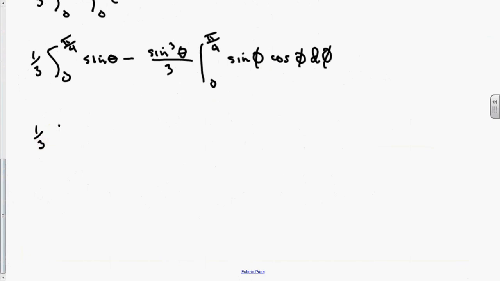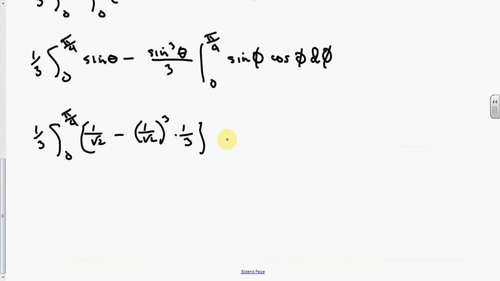Now evaluate at pi over 4. So we get 1/3 integral from 0 to pi over 4. This is just 1 over the square root of 2 minus 1 over the square root of 2 to the third, times 1/3. And this is sine phi cosine phi d phi.